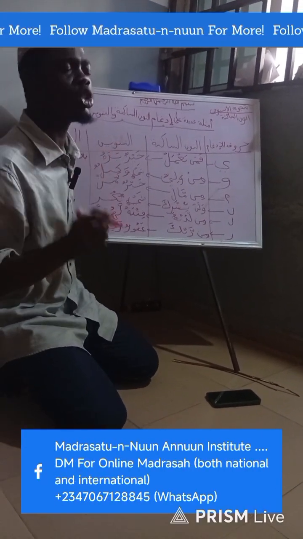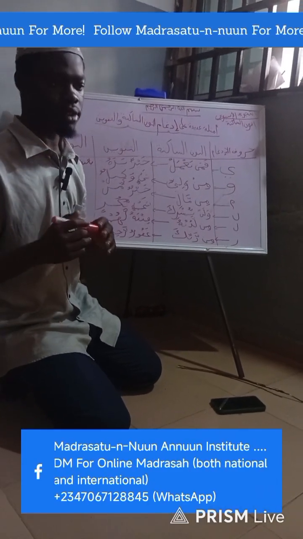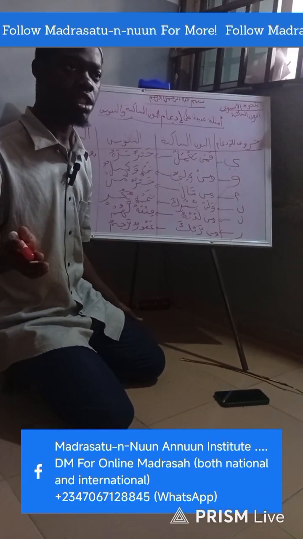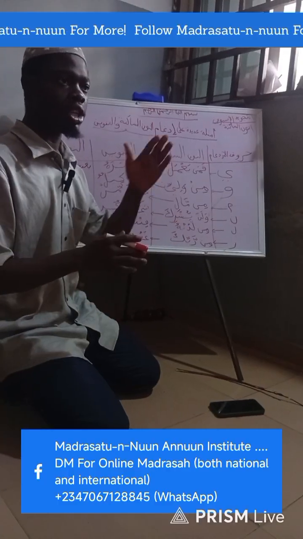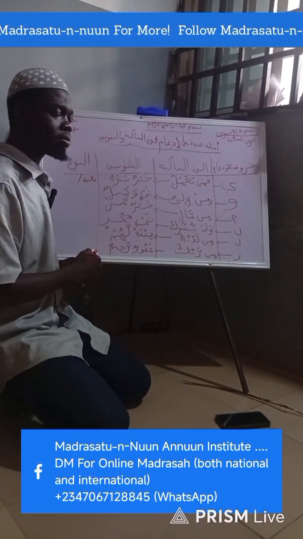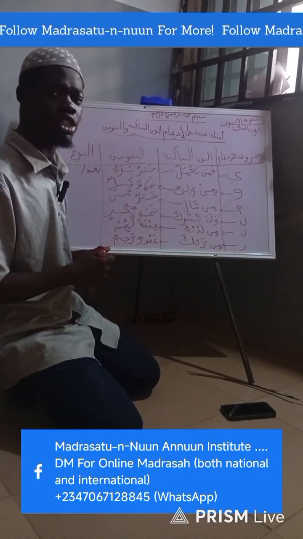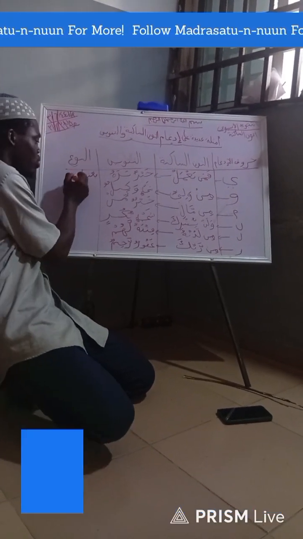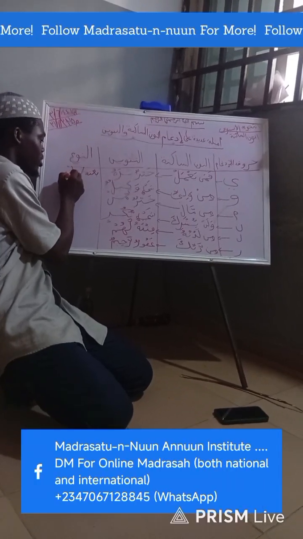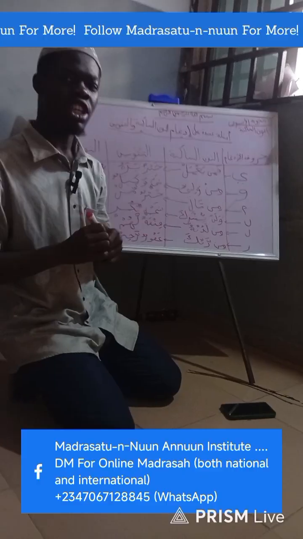And the second one that we just explained a little bit in the previous class, we will talk about kamil and naqis. So you see that here, we insert it, but it's not perfect. So it is what? Naqis. So the insertion is what? It's not perfect.